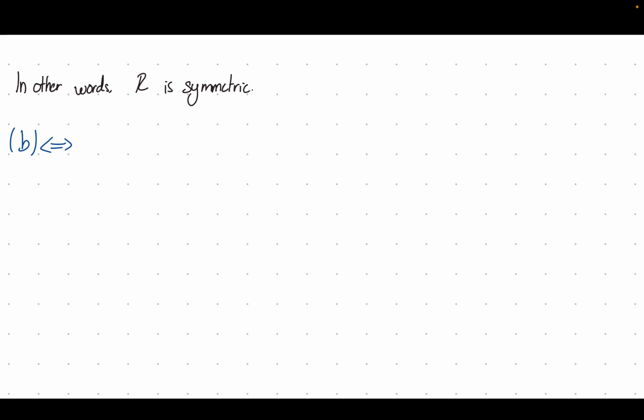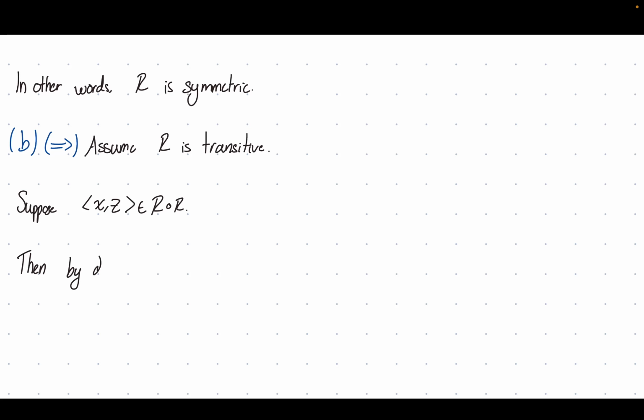Let's assume that R is transitive. And now we want to show that R composed R is a subset of R. So let's suppose X comma Z is in R composed R. Then by definition, there must exist some Y such that X comma Y is in R and Y comma Z is in R as well.